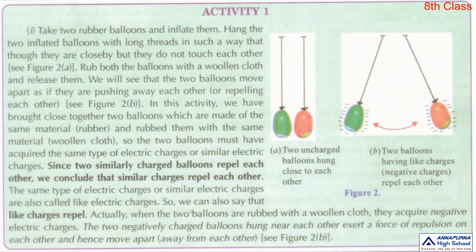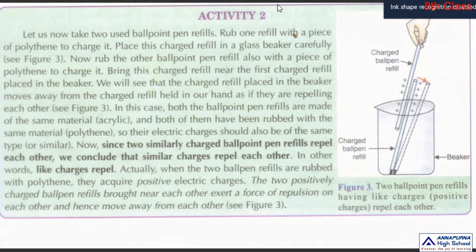Let us observe one more activity with a glass rod and silk cloth to see how these charges act. In this case, a plastic refill is taken, meaning an already used ballpoint pen refill.